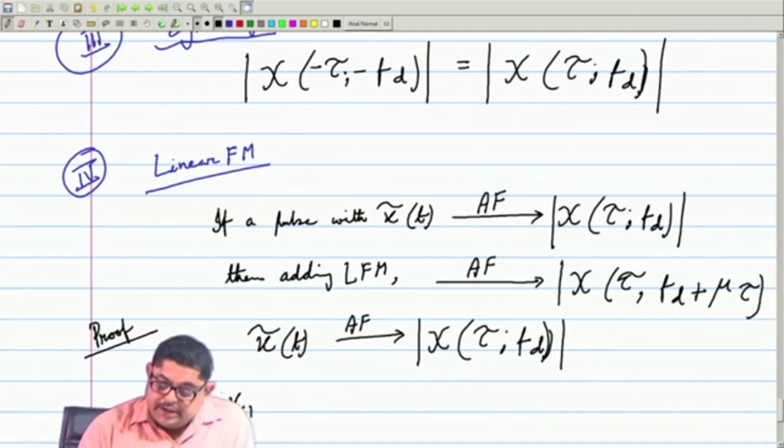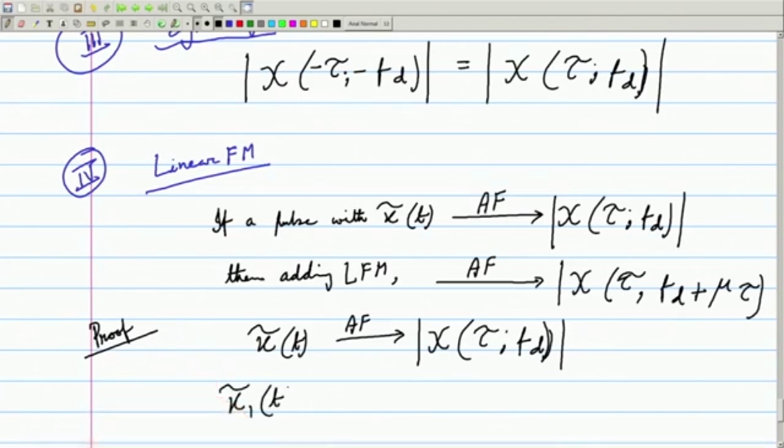Let us call the LFM signal x_1(t) instead of x(t). So, what is x_1(t)? x_1 tilde(t) is x tilde(t) e to the power j pi mu t square.